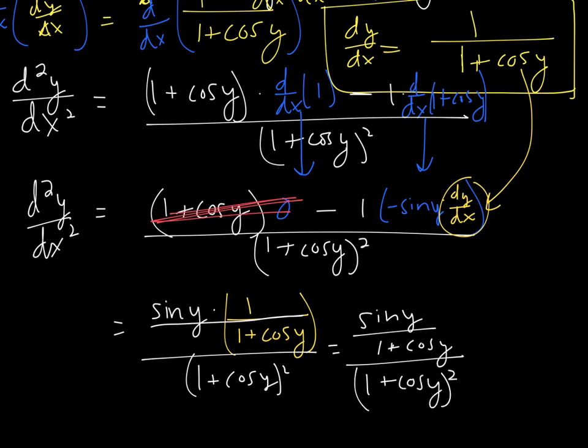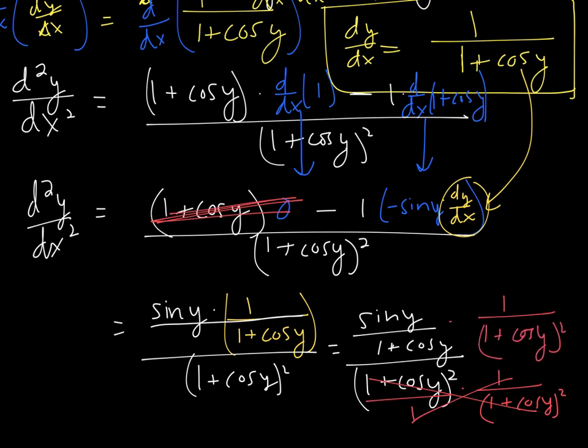And if I want to get rid of my denominator, I'm going to multiply by 1 over 1 plus cosine y quantity squared to get my denominator cancel out, and I've got to do the same thing in the numerator, 1 over 1 plus cosine y quantity squared.